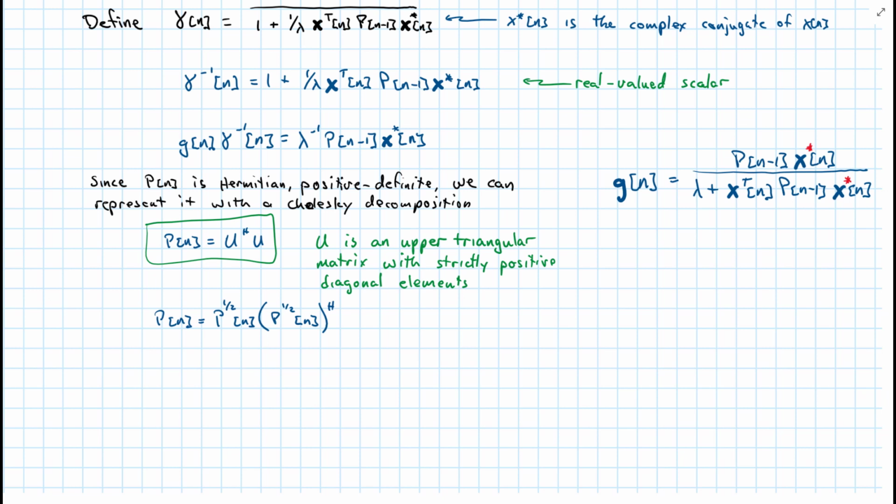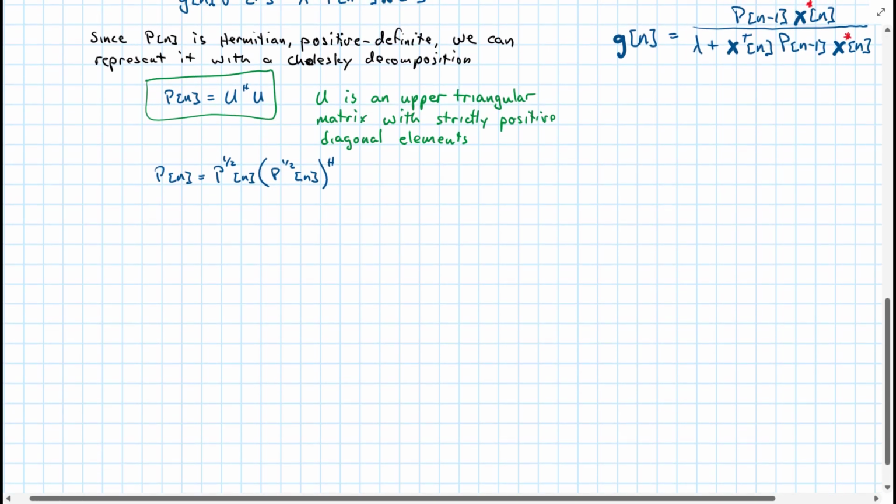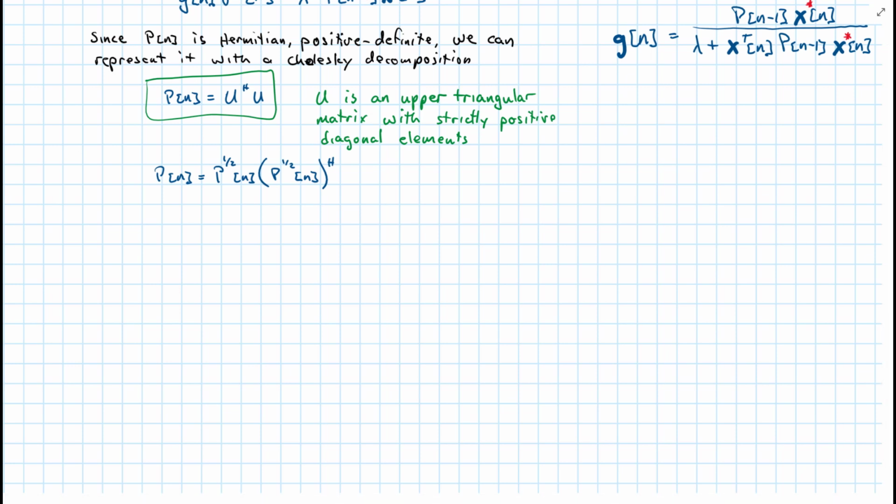So the idea now is we aren't going to keep track of P, we're going to keep track of P to the 1/2, or the square root of P, which corresponds to our U Hermitian transpose. And by so doing this, anytime we need a P, we create it as a product, and by construction now, it's going to be a positive definite Hermitian matrix. So that's the basic idea. Now, let's go ahead and make things up to fit that. We're going to have to define something else.